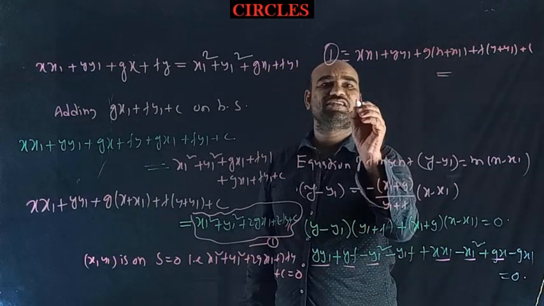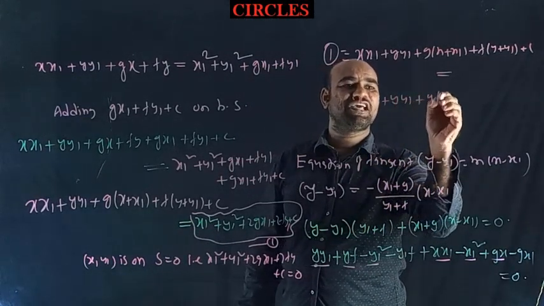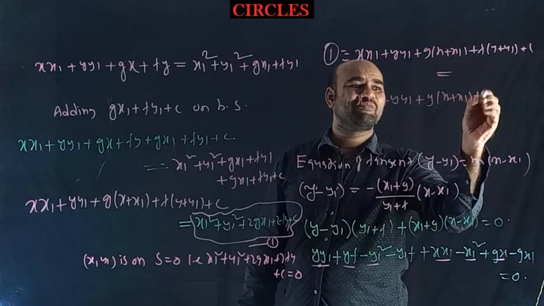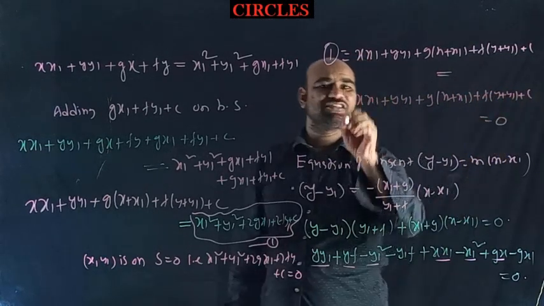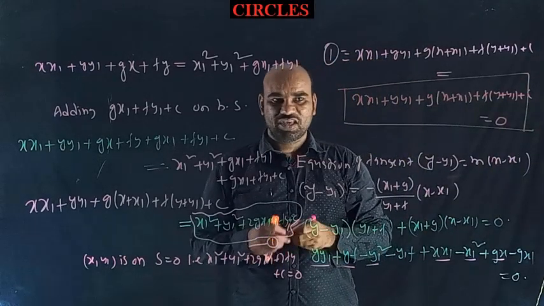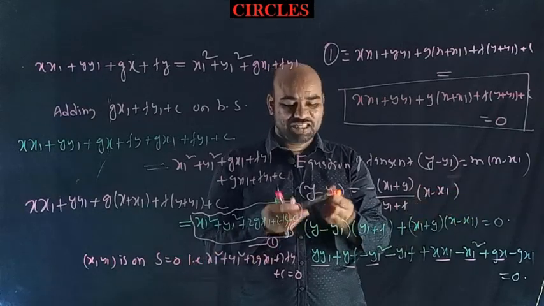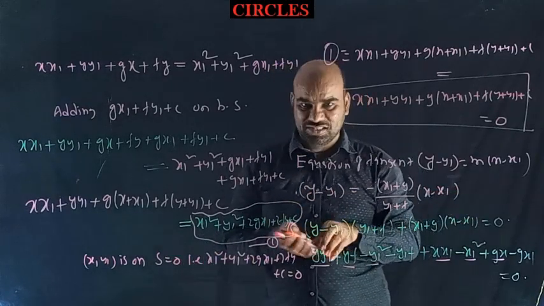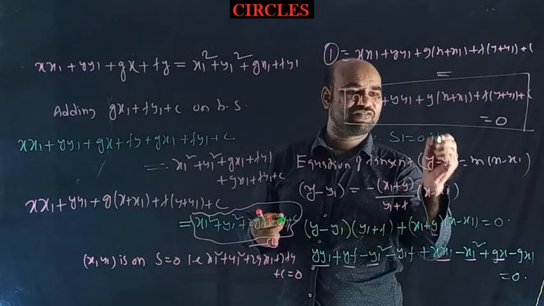So that's why xx1 plus yy1 plus g times of x plus x1 plus f times of y plus y1 plus c equal to 0. This is the equation of tangent. So what is this? S1 in standard notation. Therefore, S1 equal to 0 is the equation of the tangent.